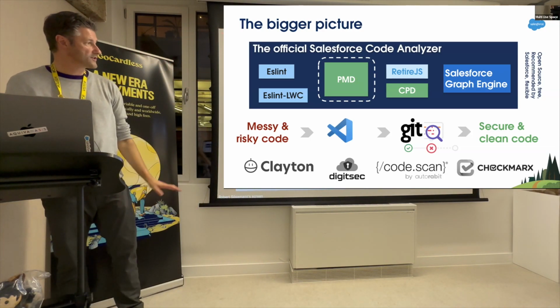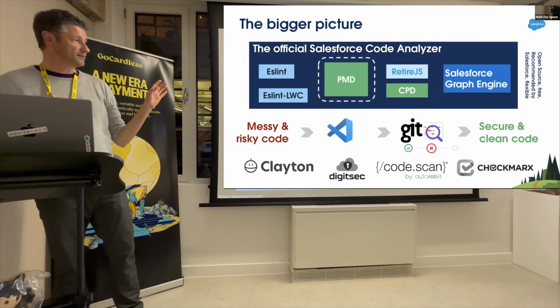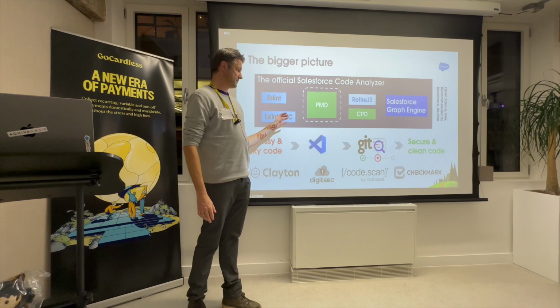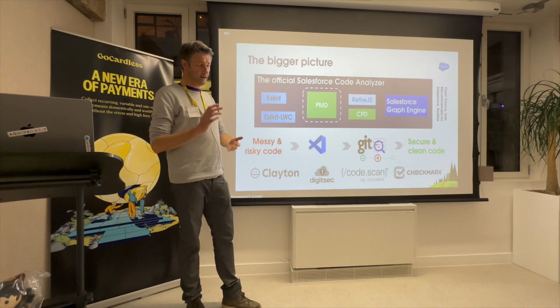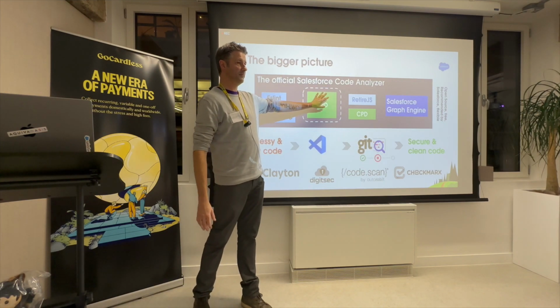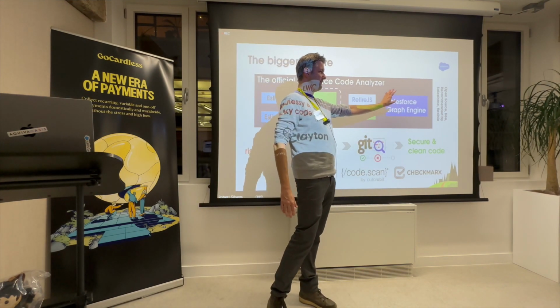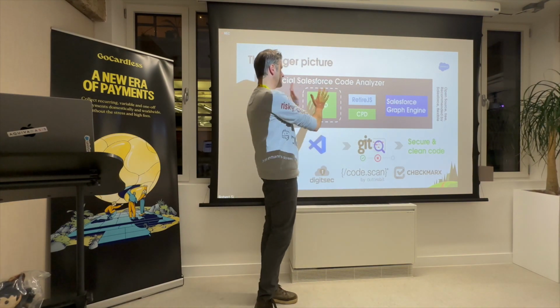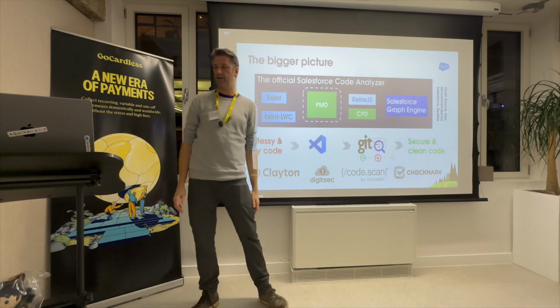We're just going to talk about PMD, but PMD sits in the center of it. I would say in Salesforce, for most of the things you do, Apex, triggers, metadata, only PMD takes care of them. The Graph Engine is not really fast and only covers a few rules, so PMD is, at the moment, still the core of the Code Analyzer.